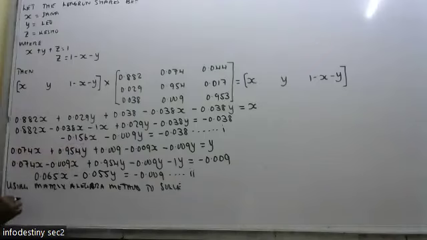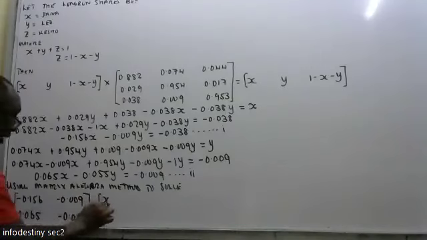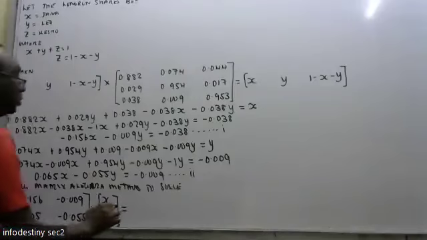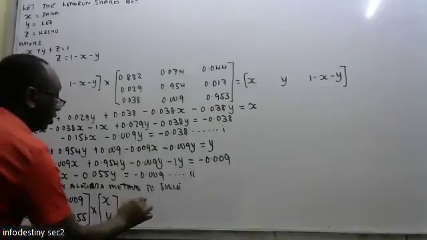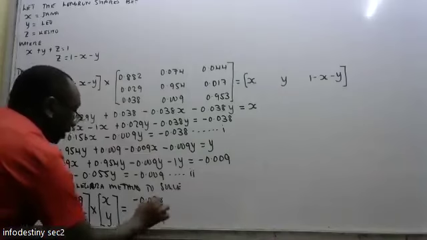So I'm going to have minus 0.156 and minus 0.009, then 0.065 and minus 0.055, multiplied by x and y, should be equal to minus 0.038 and minus 0.009.